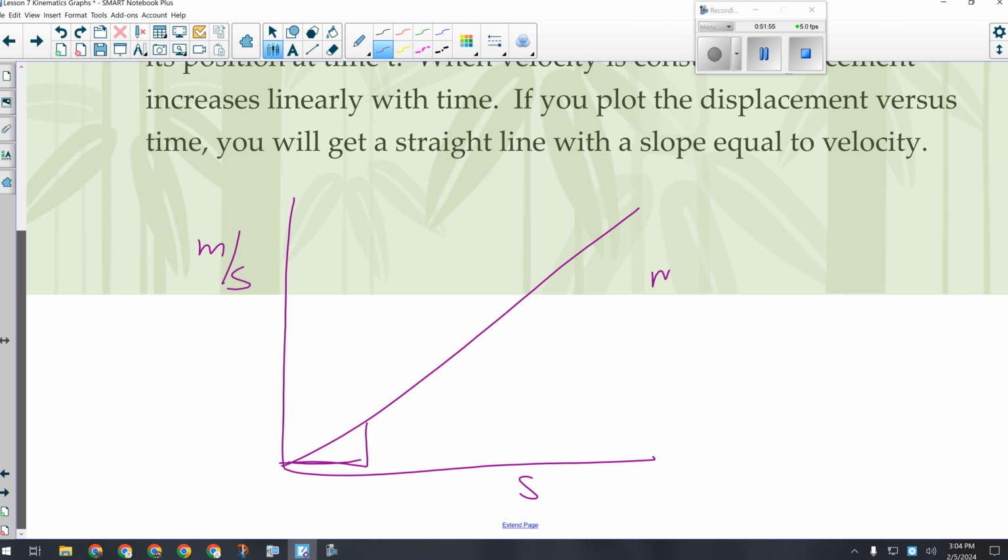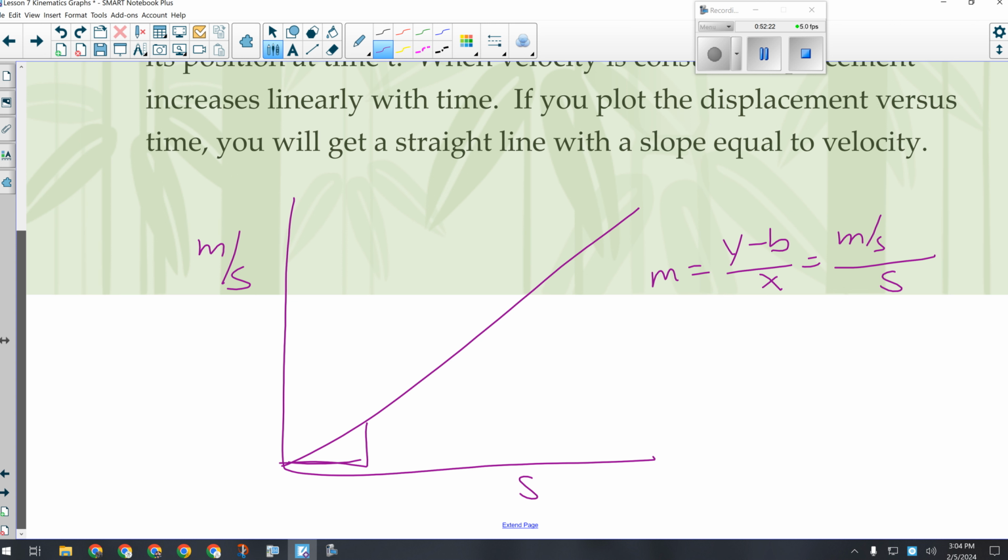So when I calculate the slope, y minus b divided by x, what I'm doing is dividing meters per second by seconds and getting meters per second squared, the units for acceleration. It tells me the rate at which I change my velocity.